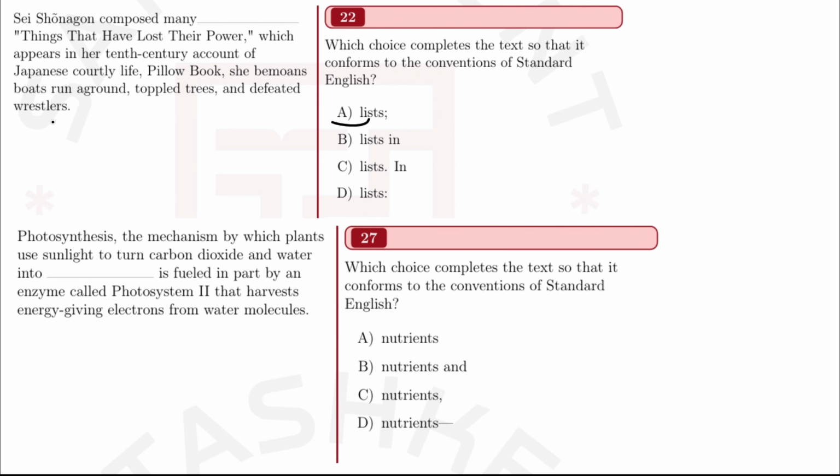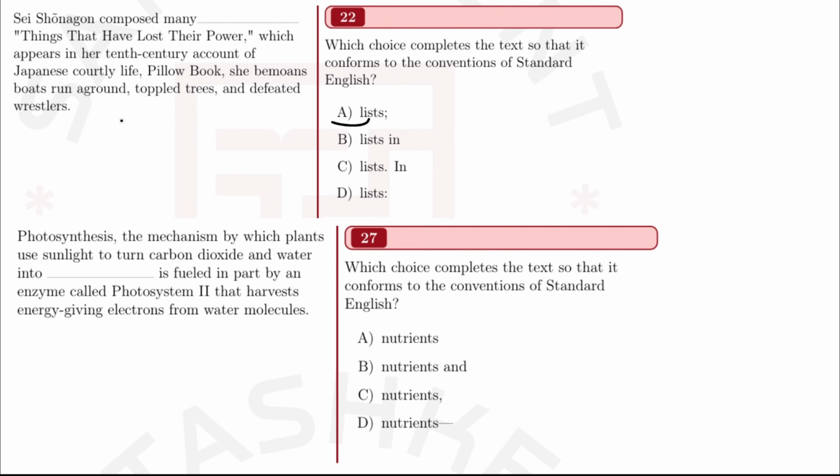First, notice the sentence contains two independent clauses. First independent clause: Sei Shonagon composed lists in things that have lost their power, which appears in her 10th century account of Japan's courtly life, The Pillow Book. Second independent clause: she lists boats run aground, toppled trees, and defeated wrestlers.